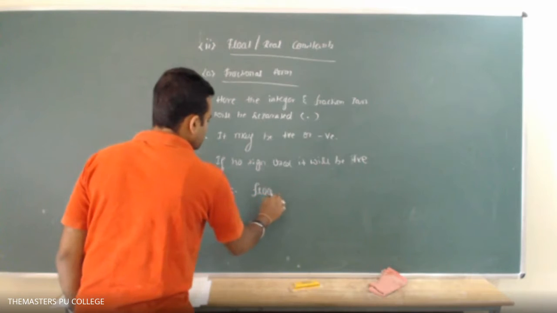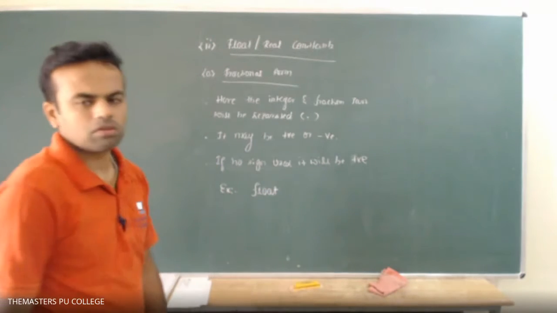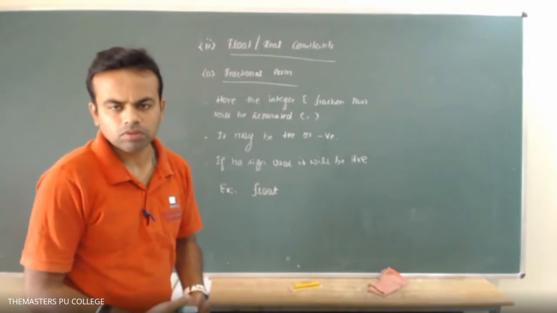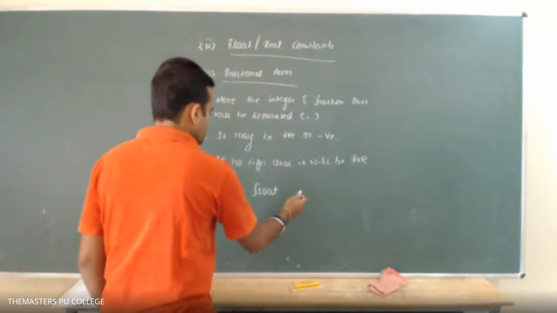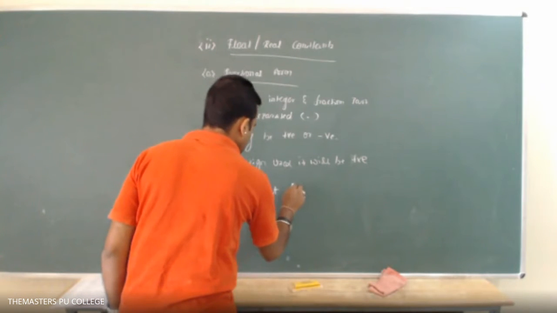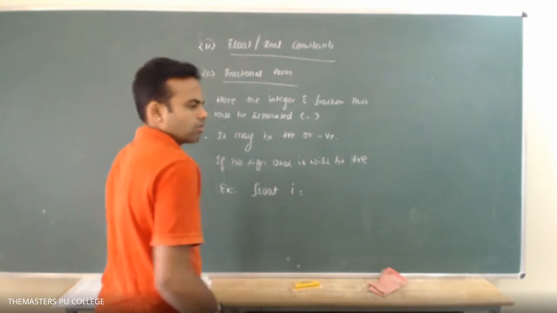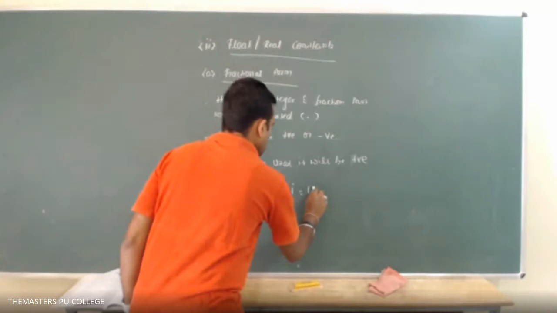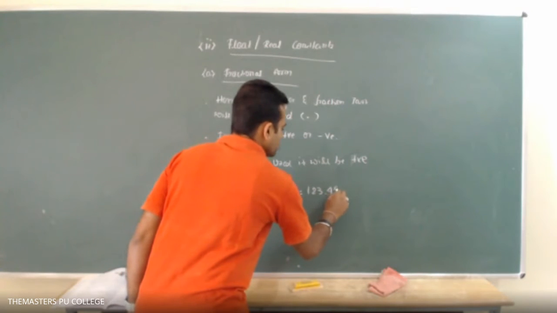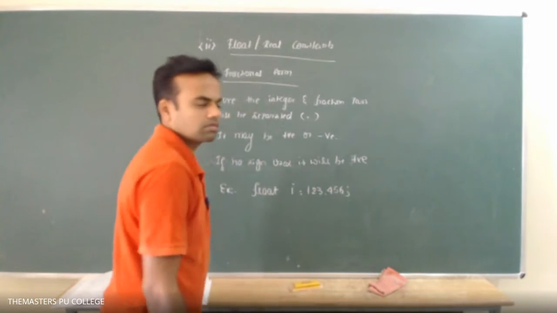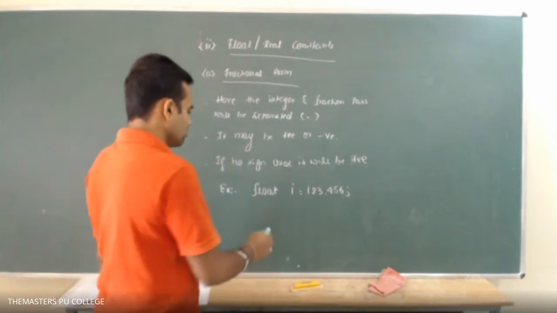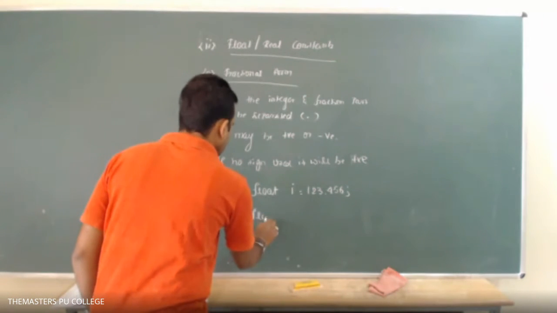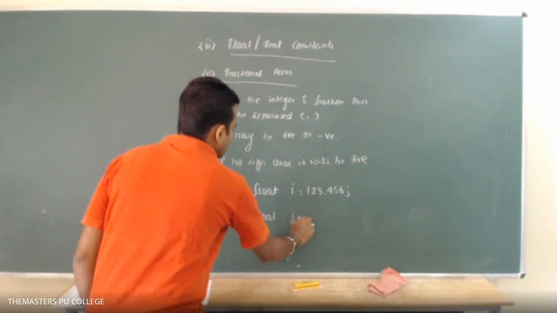Example: what is float? Keyword, reserved. Okay, minus, now let's take I. What is I? Variable, identifier. Okay, 5, so 1, 2, 3, 1, 4, 5, 6. So one negative example. Float again. I'll consider J as a negative number.